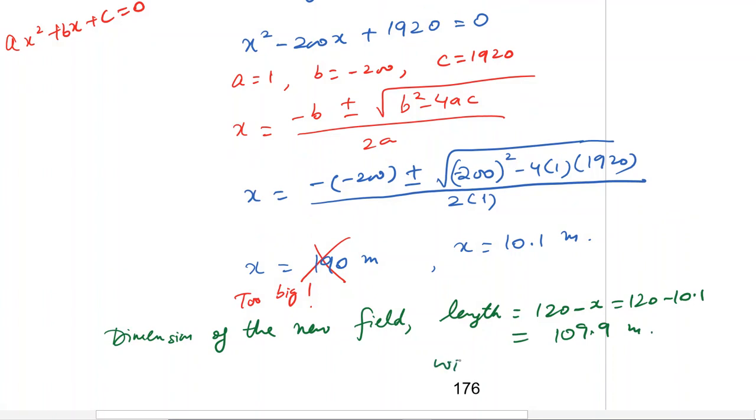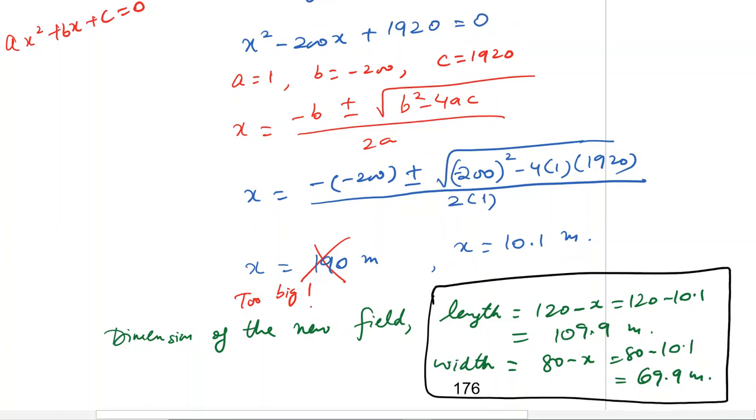And the width should be 80 minus x, so 80 minus 10.1, which means 69.9 meters. So these are our solutions.